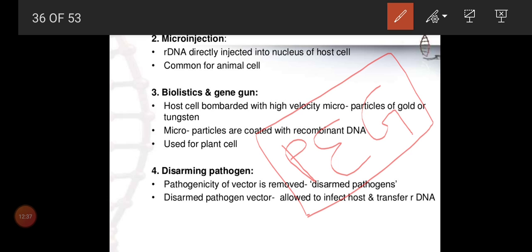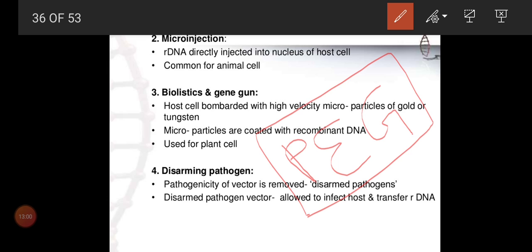It might be a bacterium, or any plant cell or animal cell, it might be anything. So PEG comes under the chemical method. So the first method is microinjection, the second is biolistic, and the third we can call the chemical method.